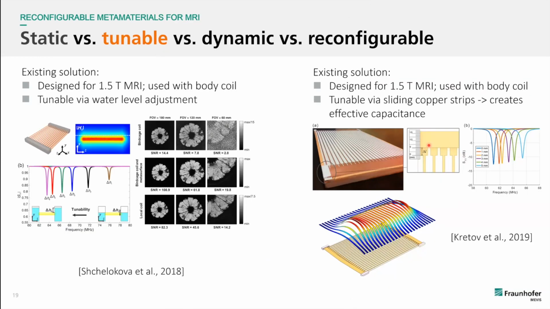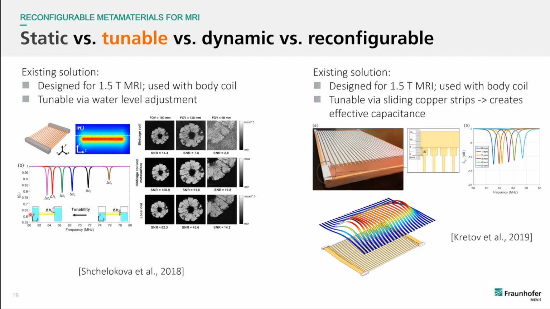So there are tunable metamaterials, and they typically use different approaches. I told you typically you will have a resonant material, so you have a structure where you have some inductive elements, and you do have some capacitive elements. One metamaterial which is tunable has some wires here which have water tanks here at the side.